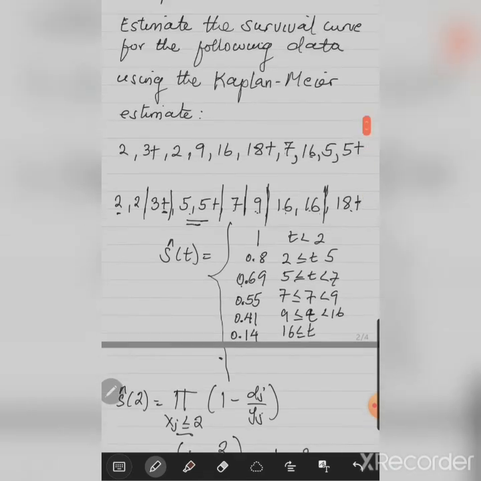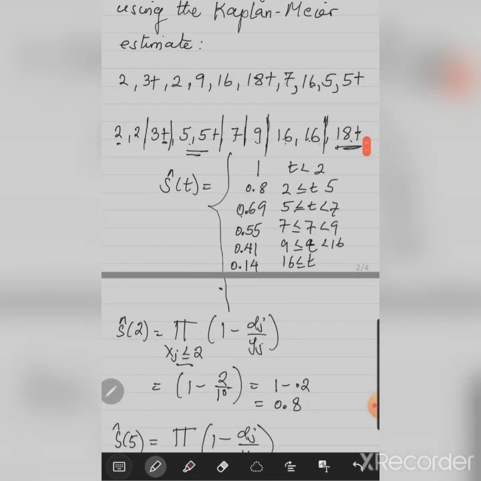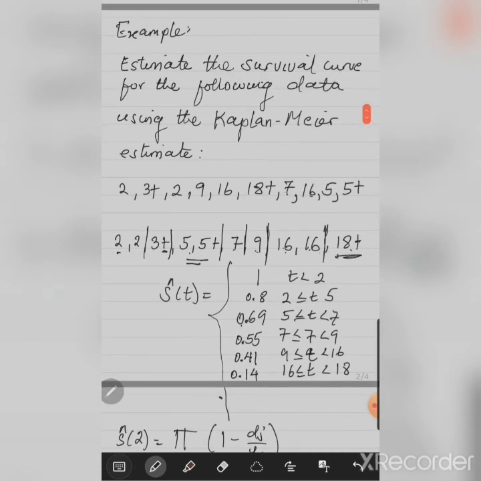So we have our last observation, which is 18 plus and is censored. So this is going to be true for t between 16 and less than 18. Since the last observation is censored, we are not going to plug it in because we only plug in times where the death has occurred or an event has occurred to change the actual proportion.